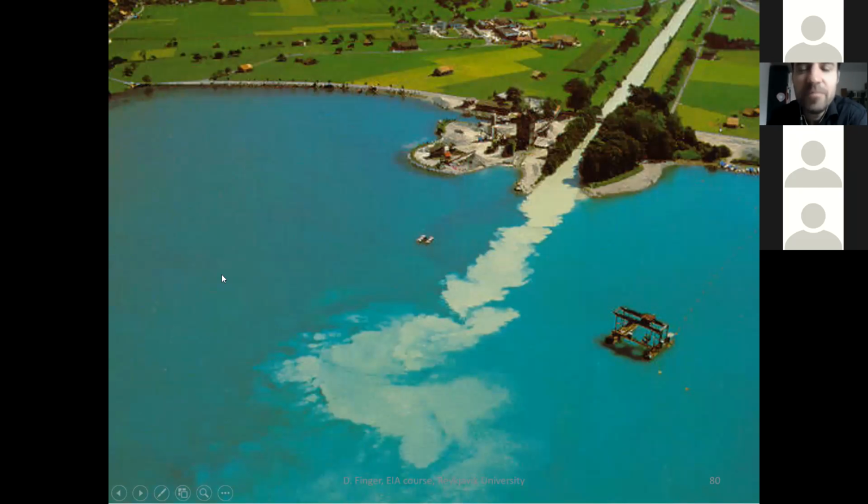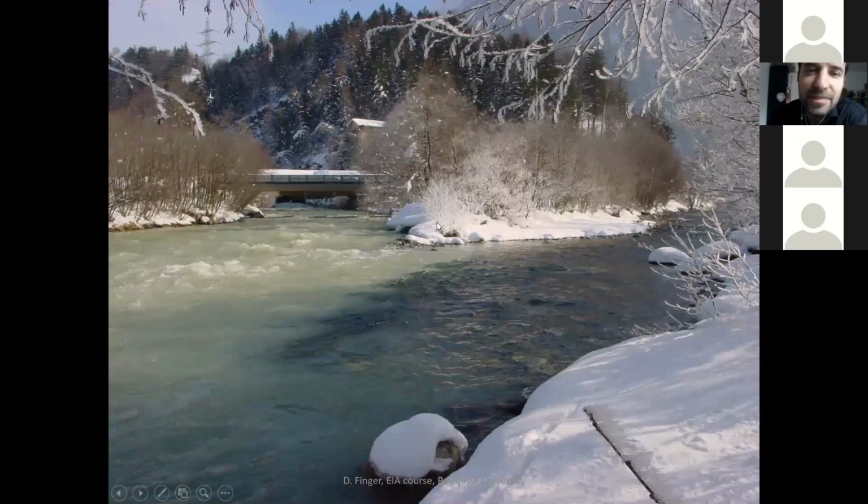And just downstream, you have Lake Thun, which is perfectly blue, while Lake Brienz continuously is including this very turbid glacial water that comes directly from the hydropower reservoirs, which are upstream.